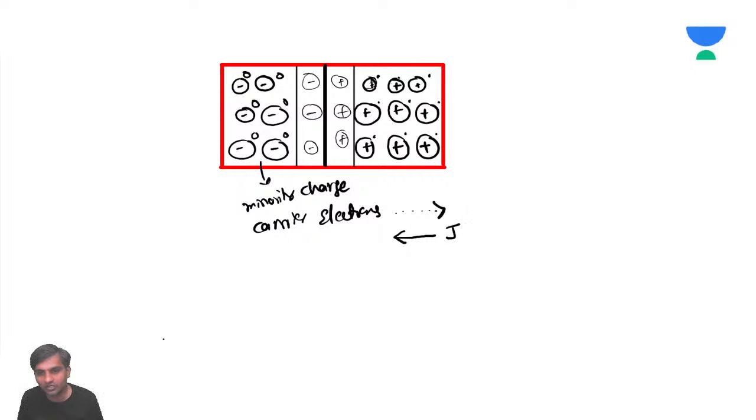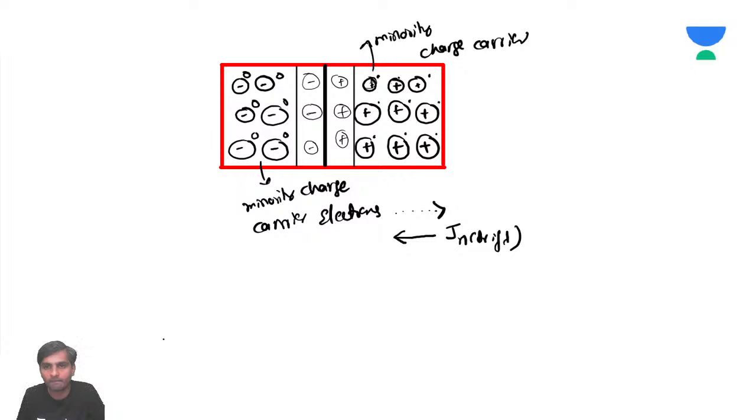So can I call this JN drift, JN drift in this direction. Similarly, the minority charge carriers, what are they?